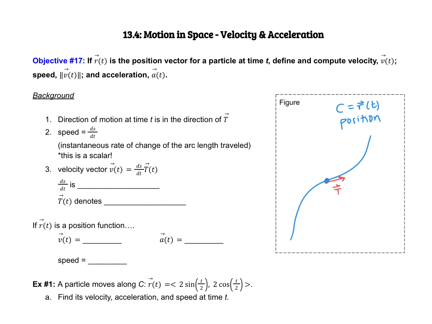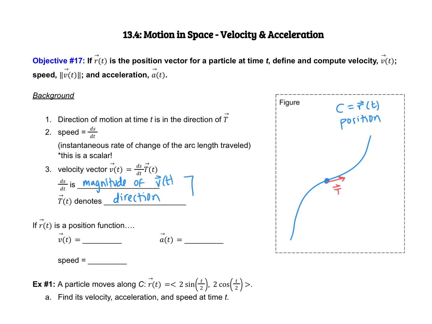Now the velocity vector is that ds dt, the speed, times direction. Remember, ds dt is the magnitude of our velocity vector, and then the unit tangent vector denotes direction.